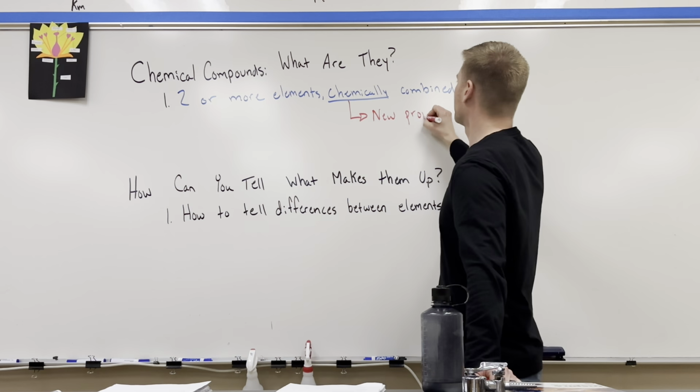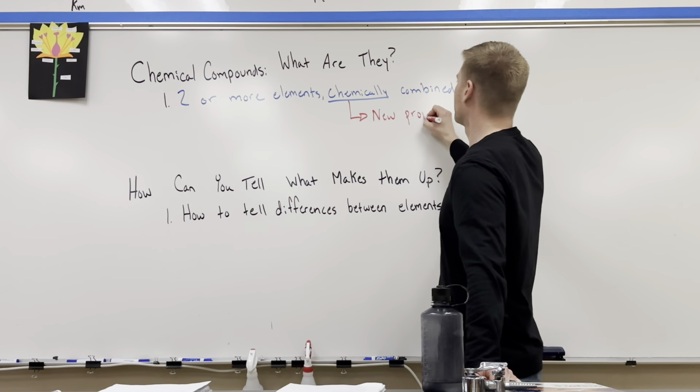So when we put hydrogen, which is a colorless, odorless gas, which is super explosive, together with oxygen, which is the gas that we breathe that's needed for cellular respiration, you have two gases. When they're chemically combined, though, they make a liquid. And water is not explosive.